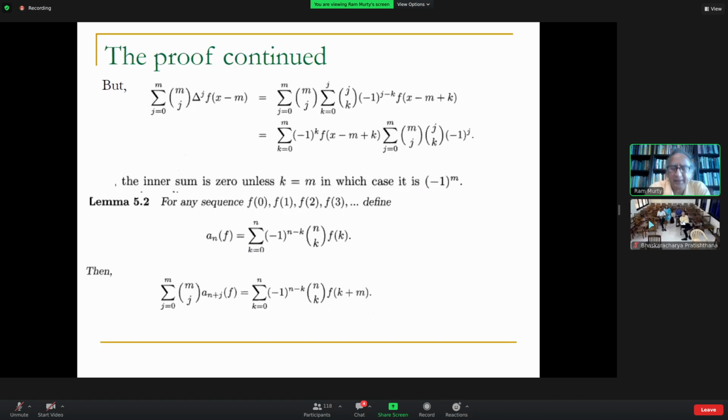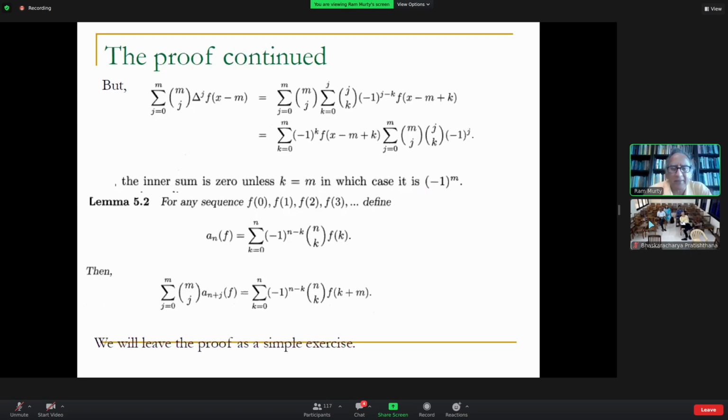This result is needed because I have to establish some sort of continuity property, so I'm just going to state this result that I will need. It is similar to the proof that I just gave here, so I'm going to leave that as an exercise for the students to do.